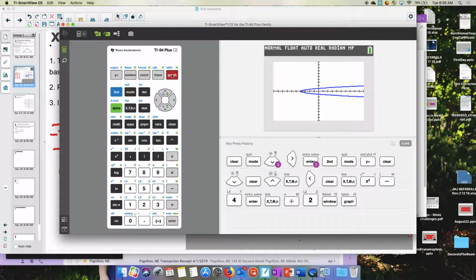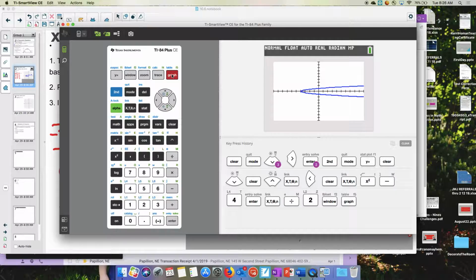And then hit graph. Oh, that went too fast. Watch your graph though, because it's going to graph it in the orientation that we would expect. Do you get half of it?